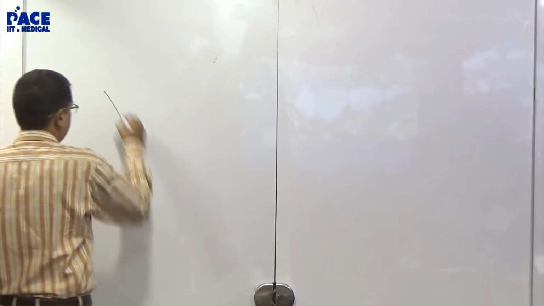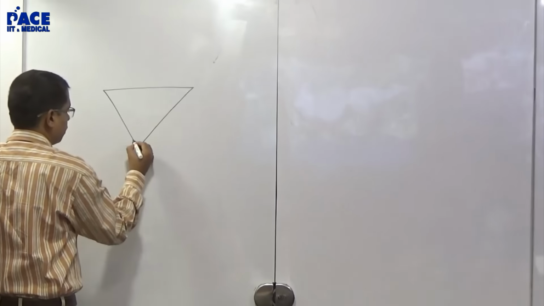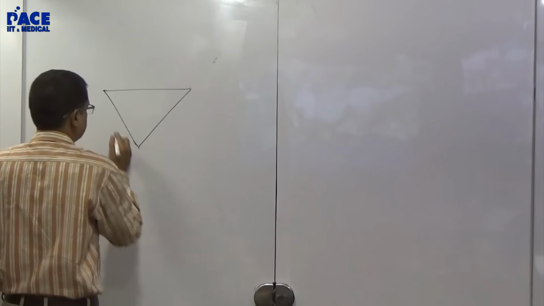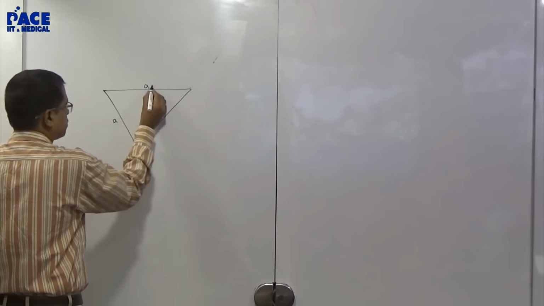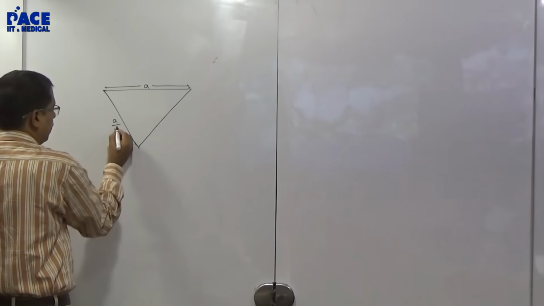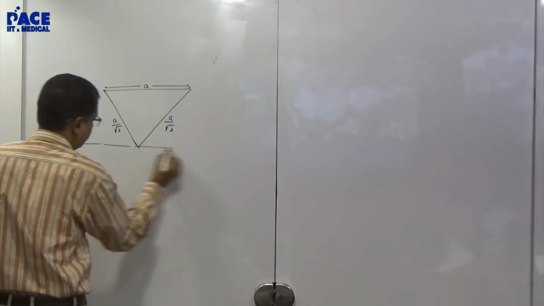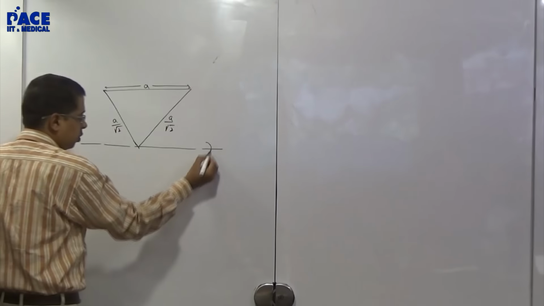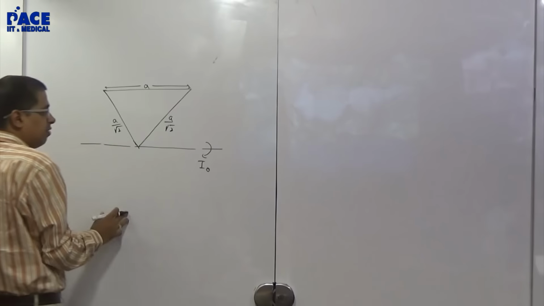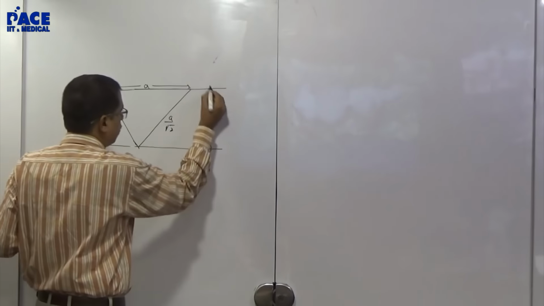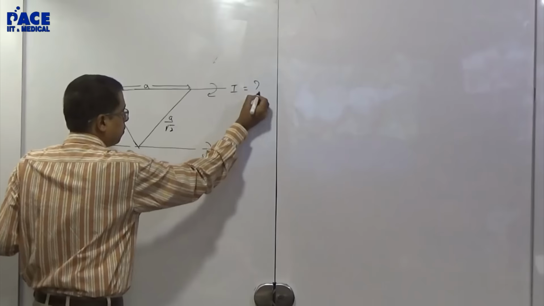Now listen. This is an isosceles triangle. I will take this side to be a by root 2 and a by root 2. The moment of inertia about this axis temporarily I am giving you as I0. Find out the moment of inertia about this axis.